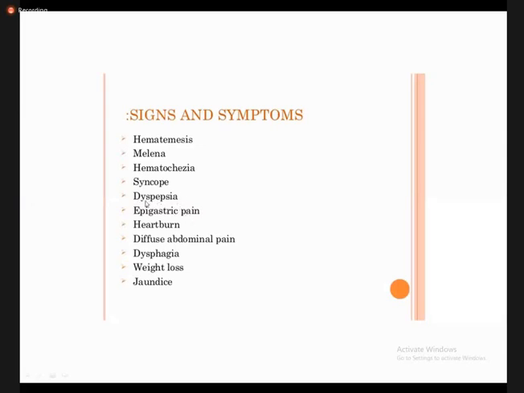They can have a history of dyspepsia, epigastric pain, heartburn, diffuse abdominal pain, dysphagia. As I mentioned, if the patient has a tumor of the stomach, cancer of the esophagus, or infections like candidiasis, they can have dysphagia. Again, the weight loss can be due to the tumors or the prolonged chronic diseases, and jaundice if the patient has liver disease, like in cases of variceal bleed, indicating that there is a problem with the liver.